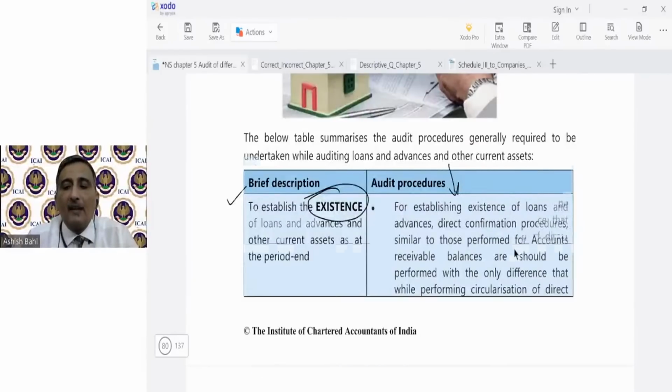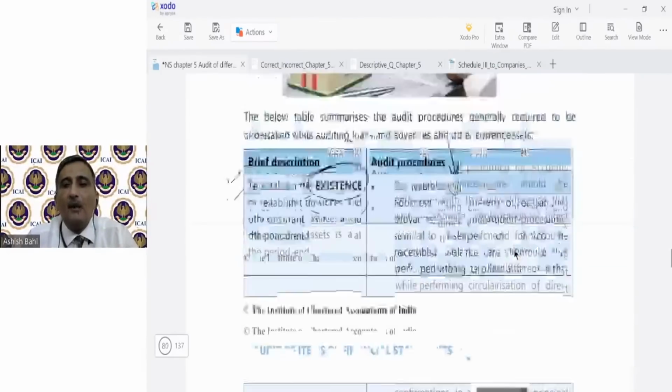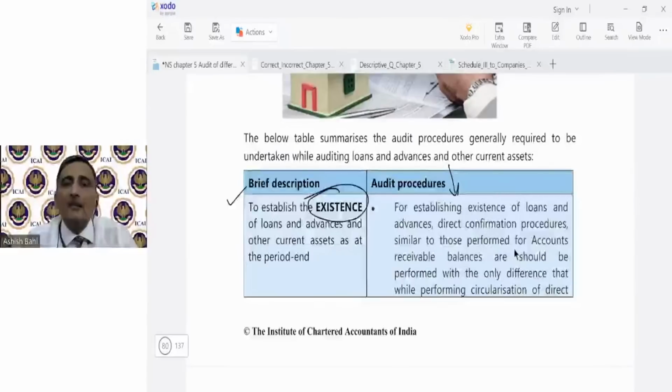But what is the essential difference between the confirmation sent in respect of trade receivables and confirmations to be sent in respect of loans and advances? One essential difference is that the third party is requested to also confirm the amount of interest to be received by the company on these loans and advances, or interest payable by those third parties, because that is also an essential component.